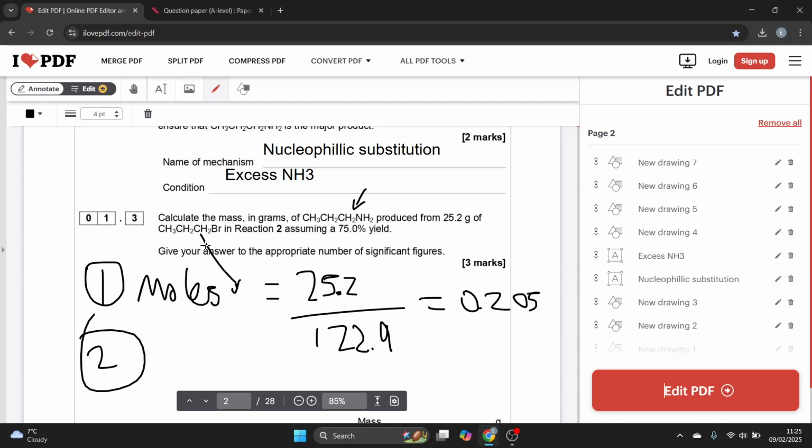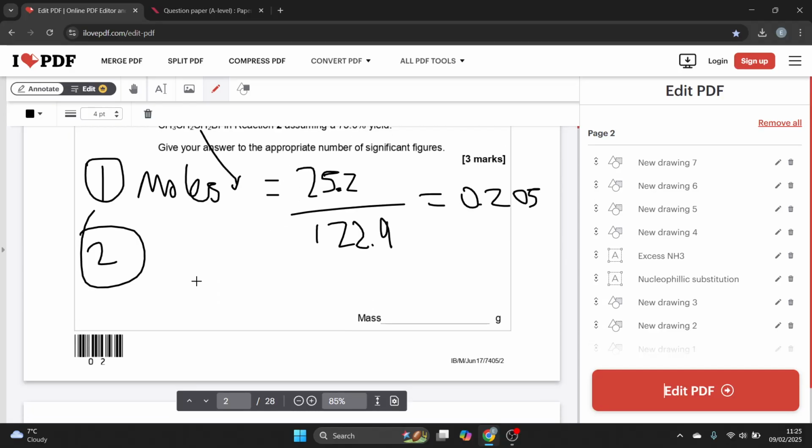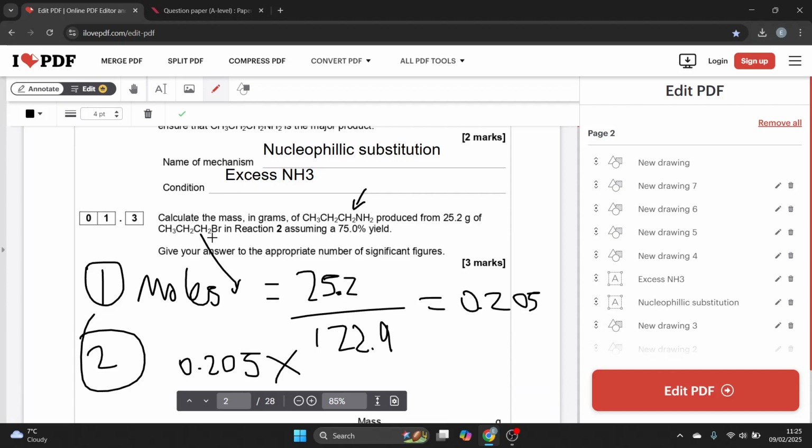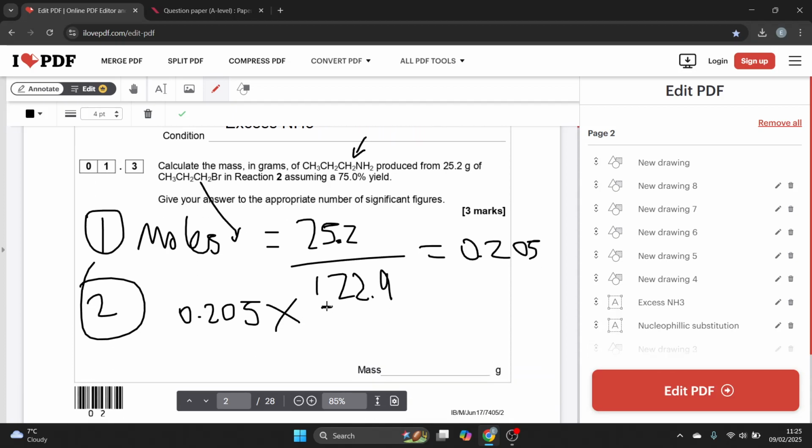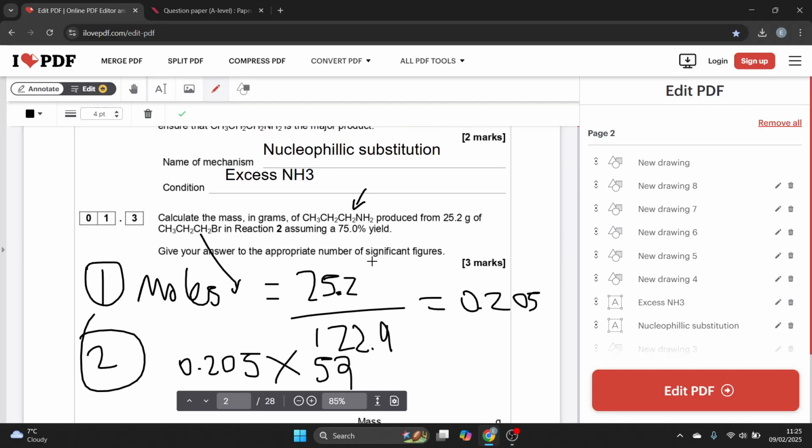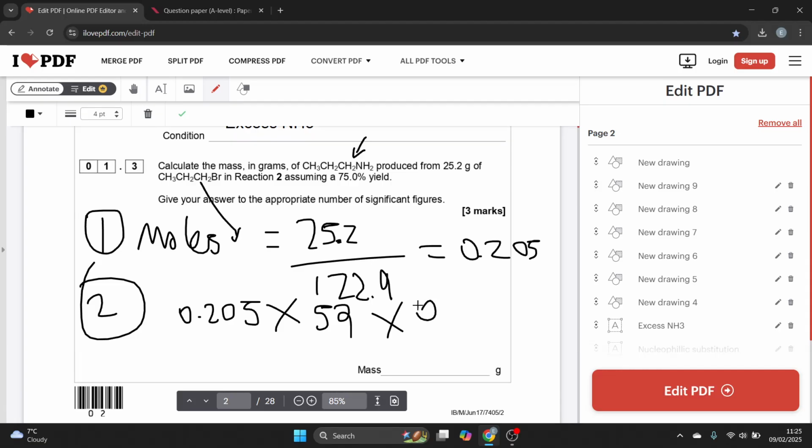Therefore I can find the mass, because moles is mass over MR. Mass is going to be the moles, 0.205, times the MR of CH3CH2CH2NH2, which is 59. Then, assuming 75% yield, I just times by 0.75.